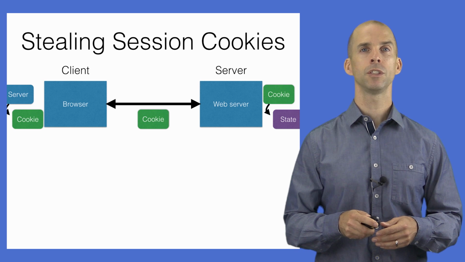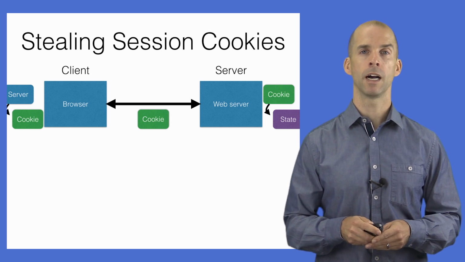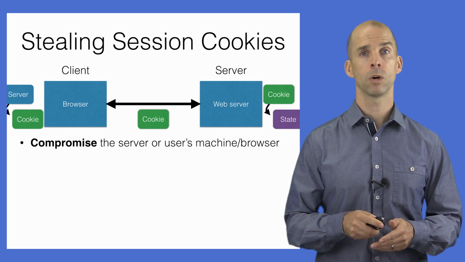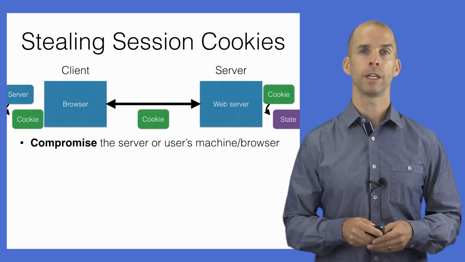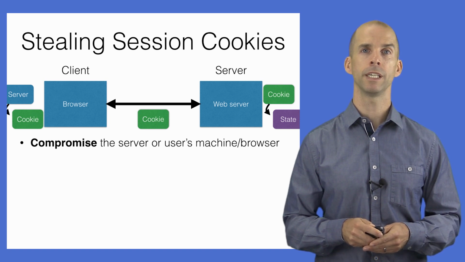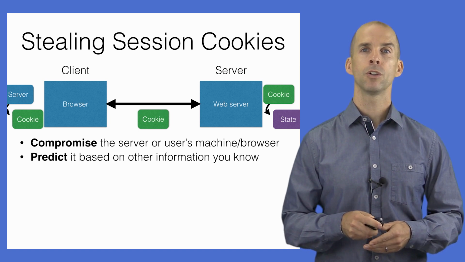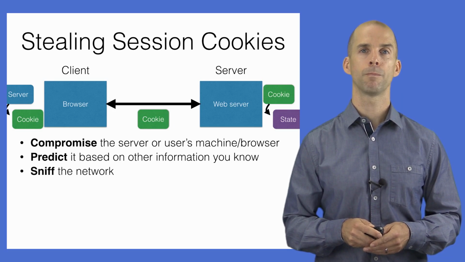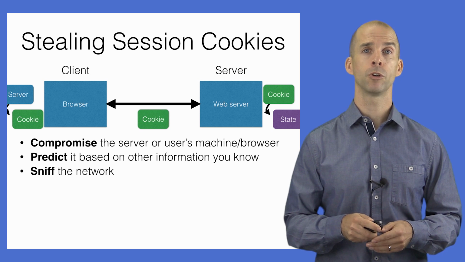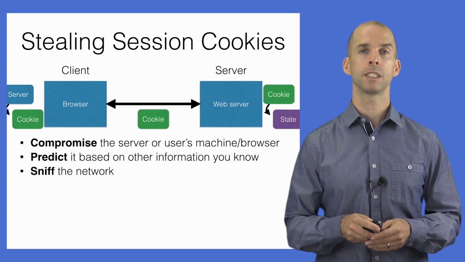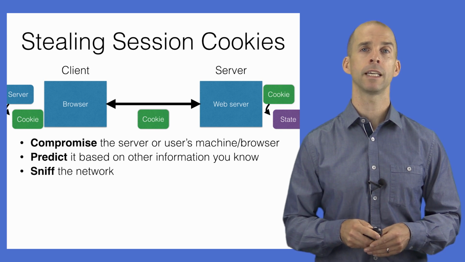As such, cookies could be stolen by compromising either the server or client and copying them, or if the server's algorithm for generating cookies is known, an adversary could predict what a particular user's cookie is. Cookies could also be copied by sniffing the network to observe them in transit. Or the network could be manipulated into sending the cookies to an adversary directly, using techniques like DNS cache poisoning.